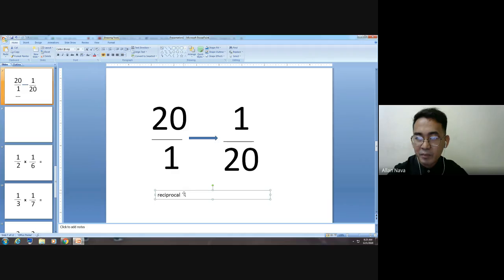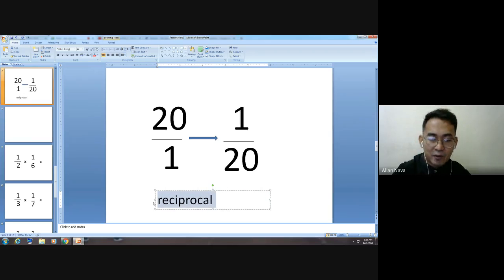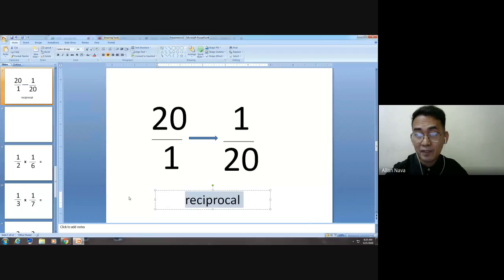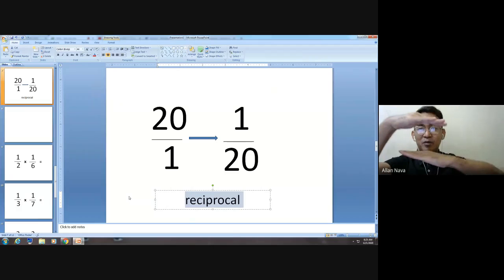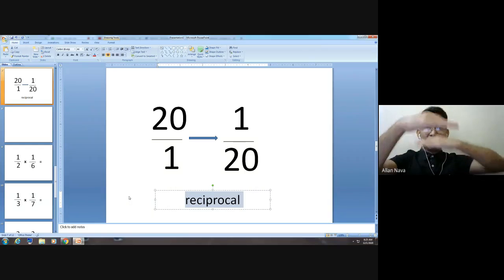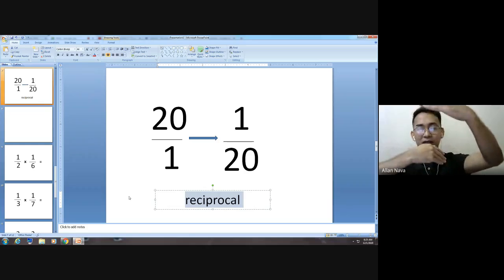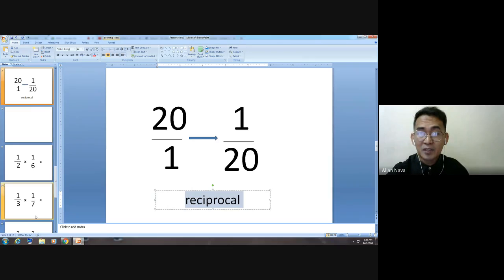So yun yung ibig sabihin ng reciprocal. So, para mas madali maintindihan, ano yung ginamit natin? Flip. So, i-flip nyo lang para makuha natin yung reciprocal ng number.